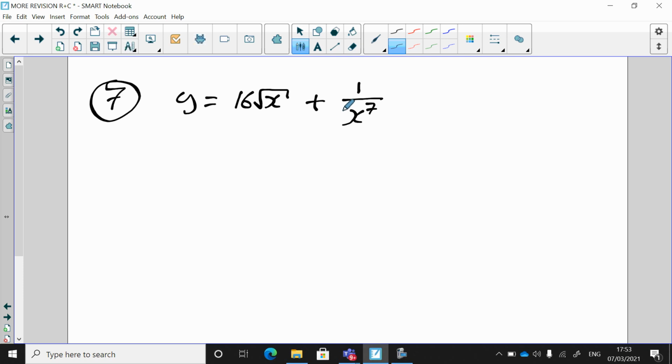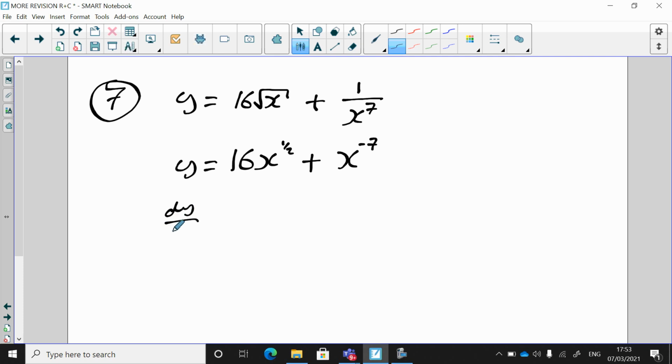So here, it's not in a form that we can actually differentiate yet. So here it's going to be 16x to the half, and we need to bring that x to the 7 upstairs, and when we do that, we have to change the sign of the power. Now we're ready to differentiate it.